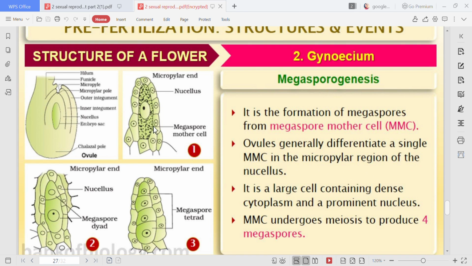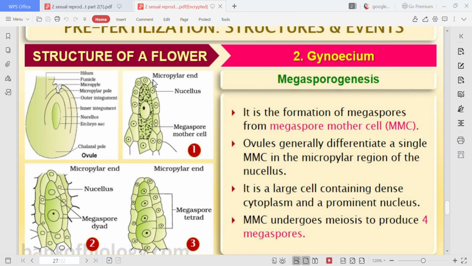If you remember, this is the nucellus and this is the embryo sac. Generally, a single MMC is found here at the micropylar end. This is the megaspore mother cell, and a single megaspore mother cell is formed towards the micropylar end.